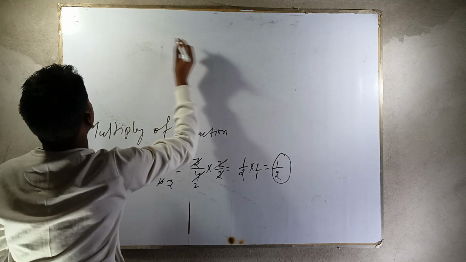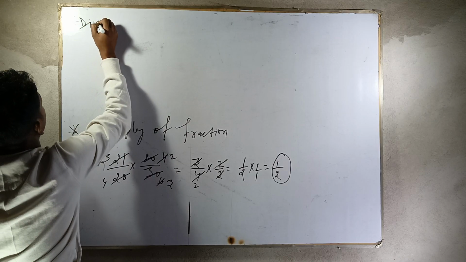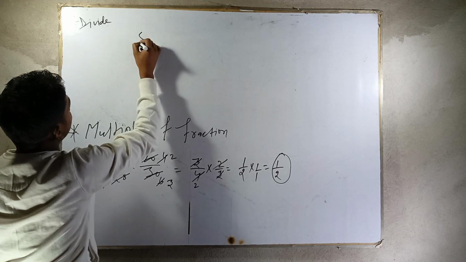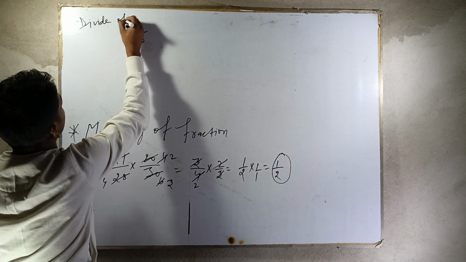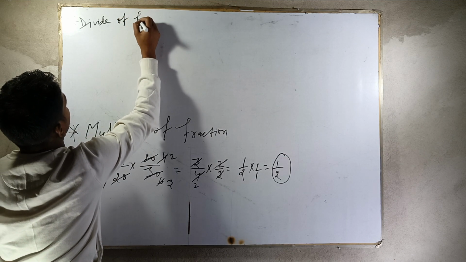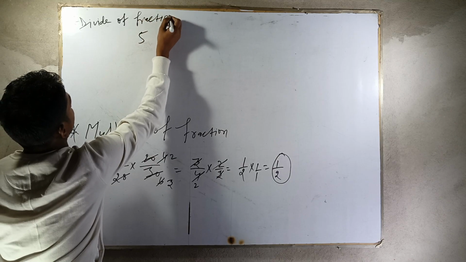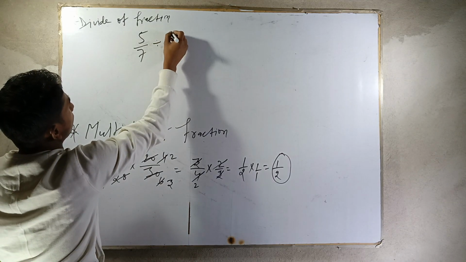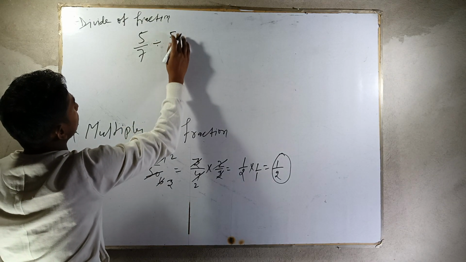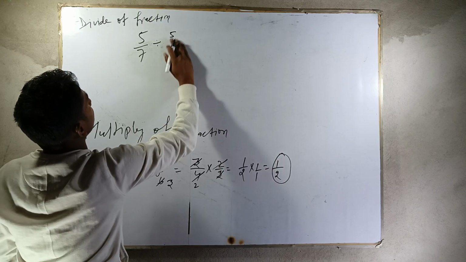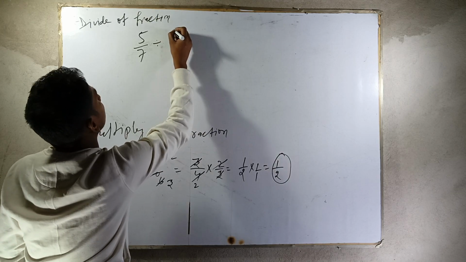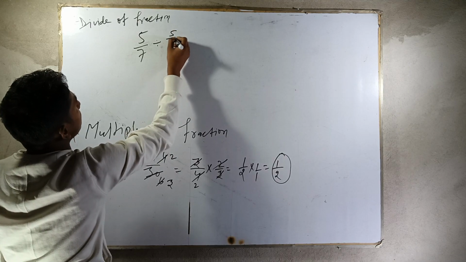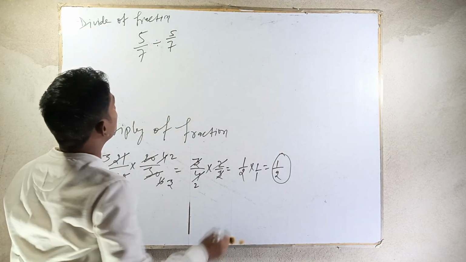First, suppose I have division of fractions: 5 by 7 divided by 5 by 7.